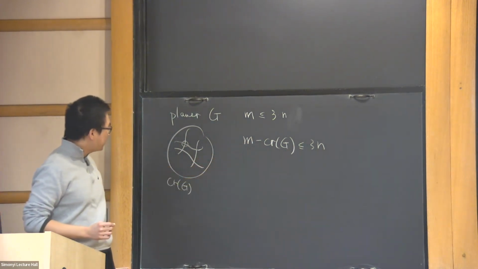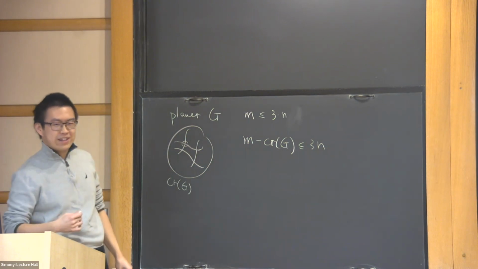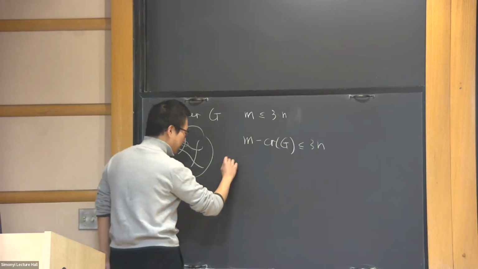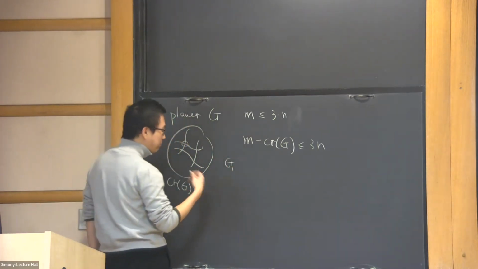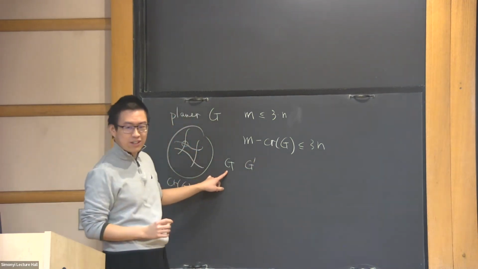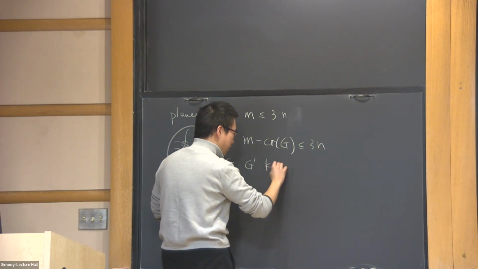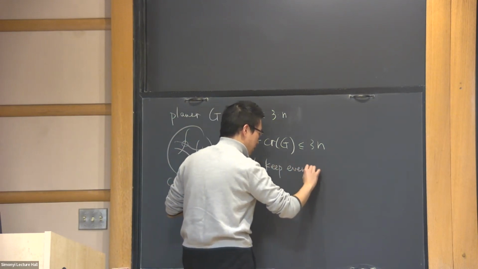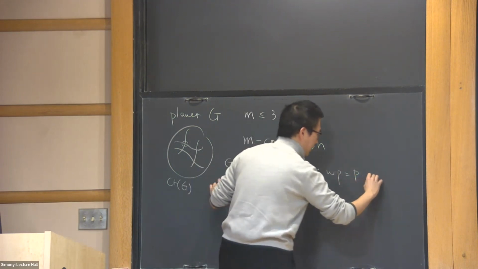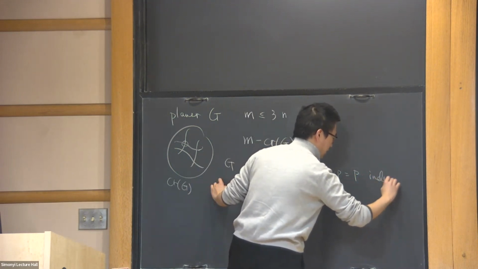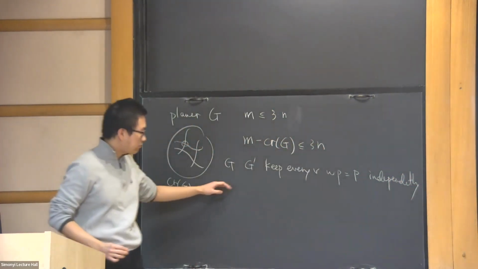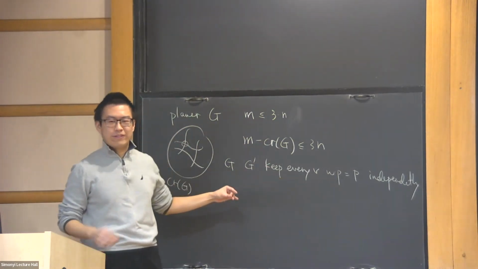Now we're going to do some probabilistic thing. Given a graph G, we take a subgraph G prime that is obtained from G by keeping every vertex with probability p independently. p is some parameter that will be fixed later.